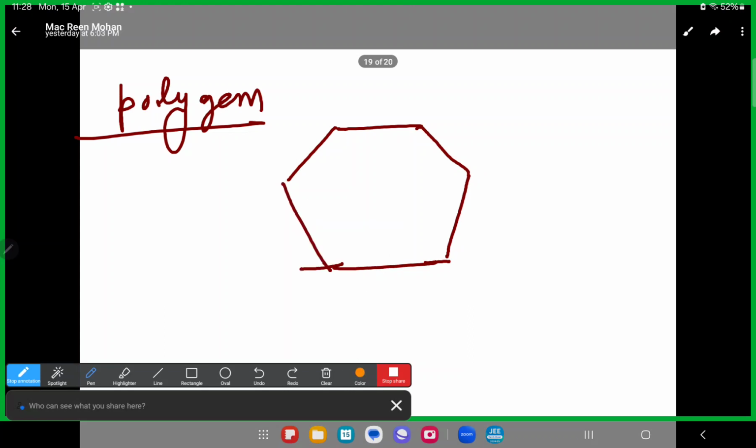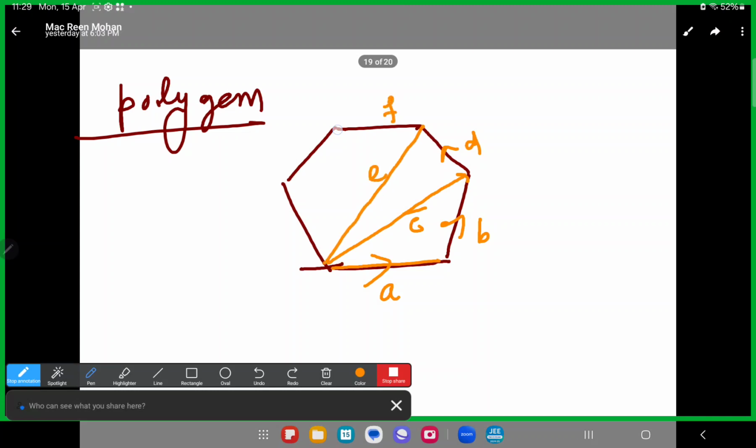Here we can calculate: let's say this is A and B. It will give me the C vector. C plus D will give me the E vector.